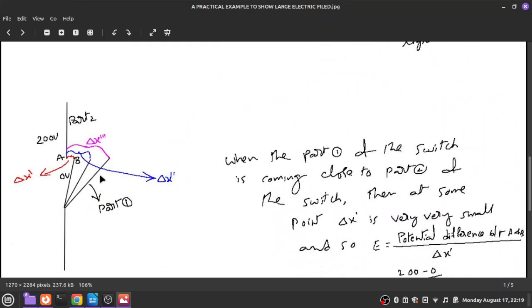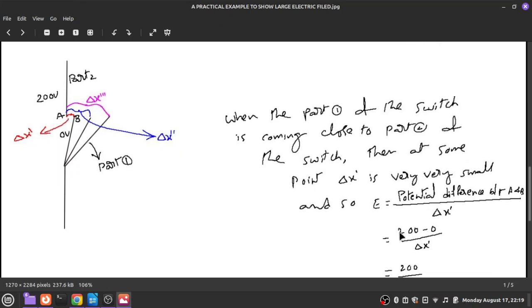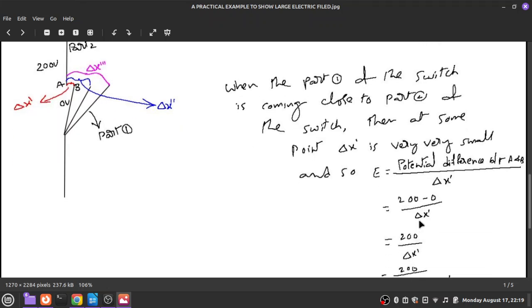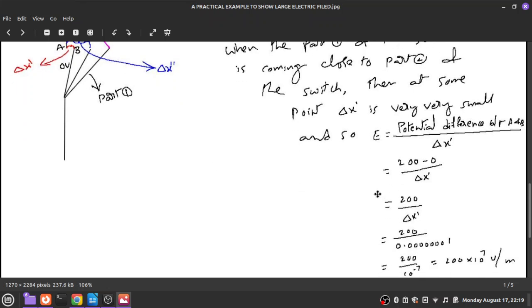when you push the switch slowly towards point B, at one point the space between A and B becomes very, very small. That is delta x dash, where A is at 200 volts and B is at 0 volts. Thereby, the potential difference between A and B is 200 minus 0, which is 200, divided by delta x dash.